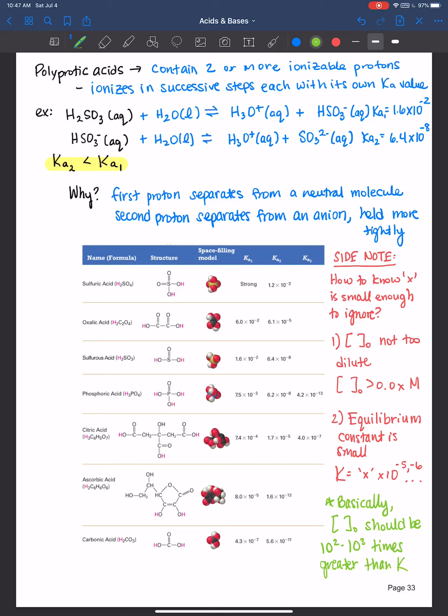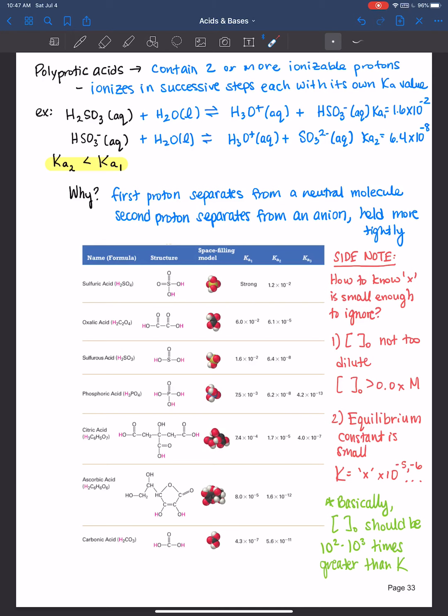So the initial concentration should be 10 to the second to 10 to the third times greater than K in order for you to ignore x and not have to go through the quadratic formula. If it's a quadratic or a polynomial, you won't have to solve that polynomial by method of successive approximation. So I just wanted to include that side note here in this video, since you're working lots of these problems and you want to find ways to save yourself some time if possible.